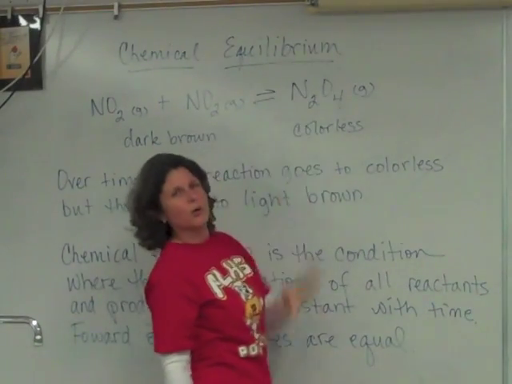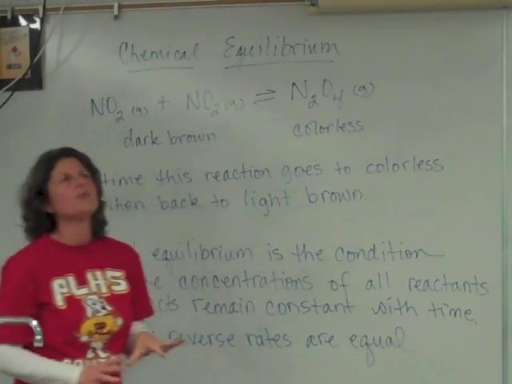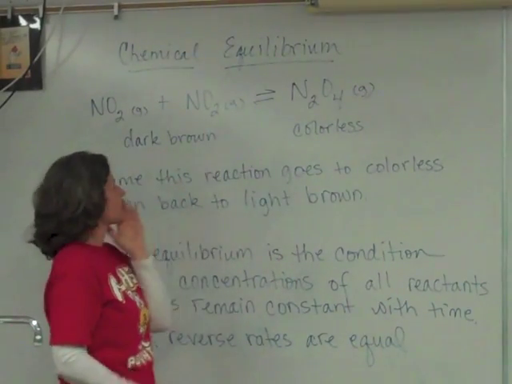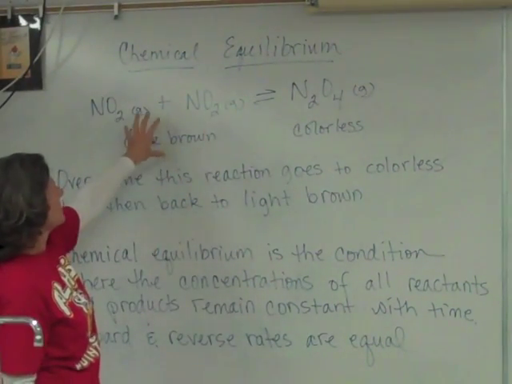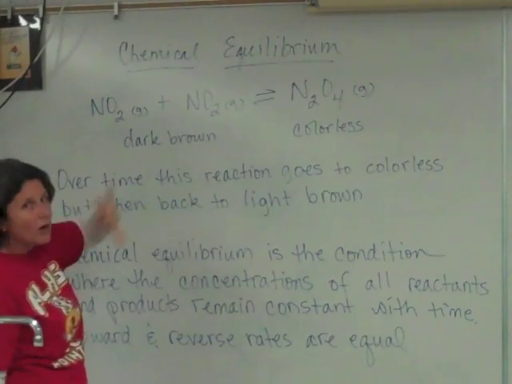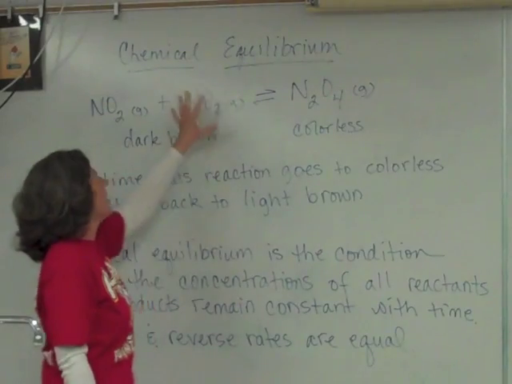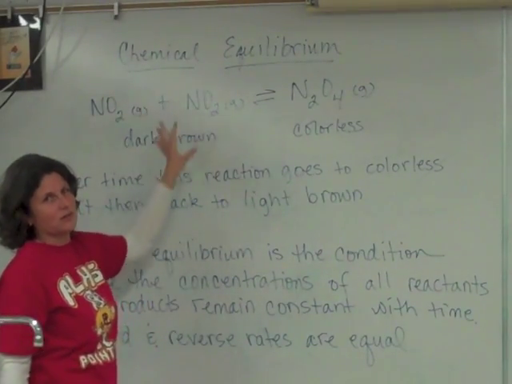So product will predominate. If we say that equilibrium lies to the left, that means that once the reaction reaches equilibrium, reactants will predominate.